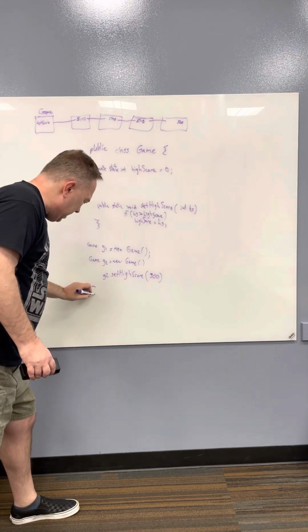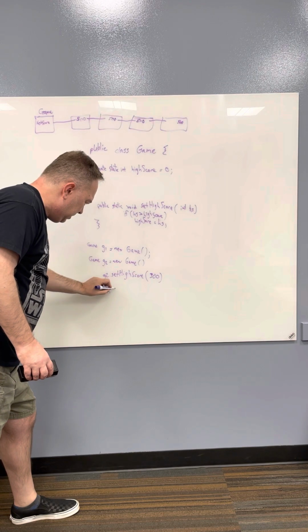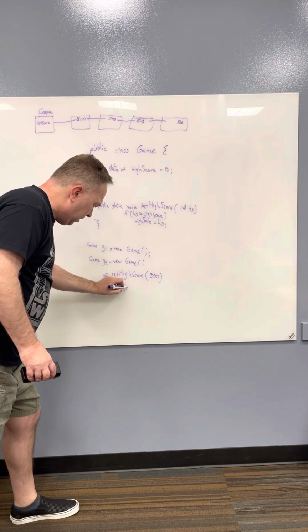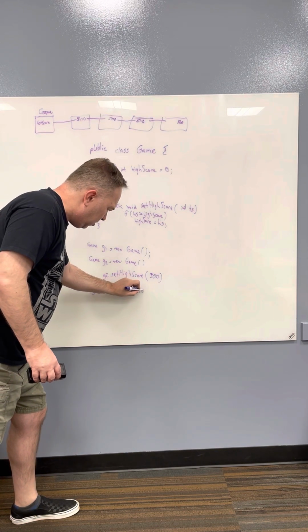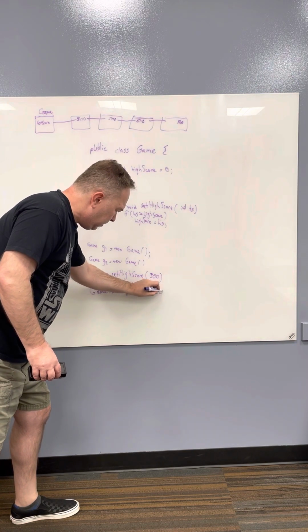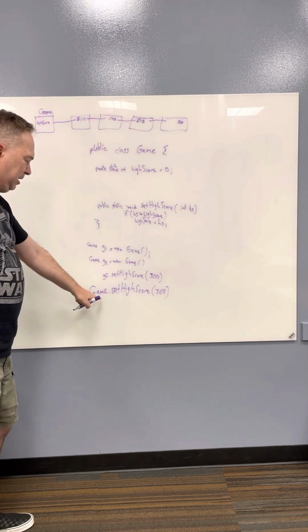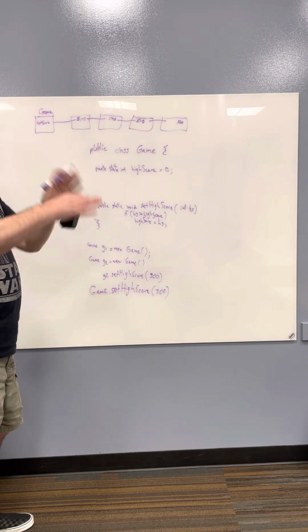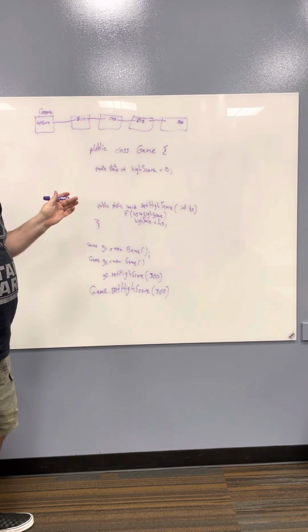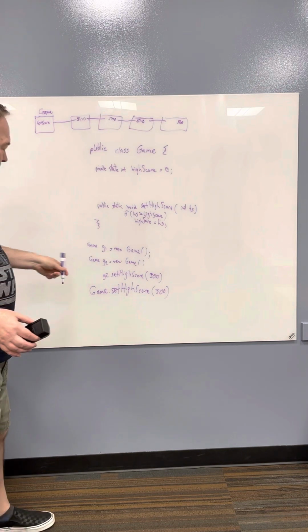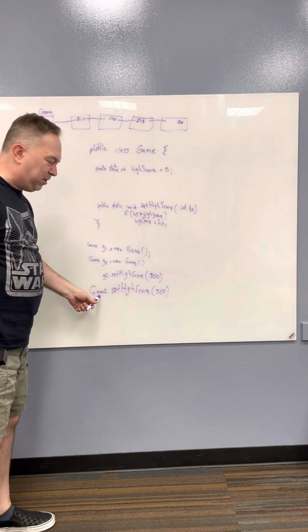So I can say Game.setHighScore(300). That's valid because it goes with the Game class. It's shared amongst all of them. It doesn't matter which game, right? So these two would both work, but this is actually the preferred way.